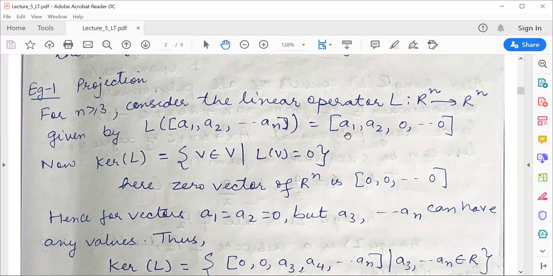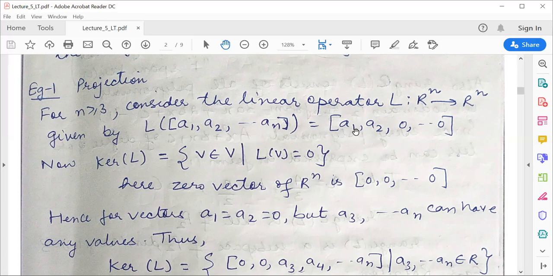When a few of the coordinates or all of the coordinates are going to 0, these types of linear transformations are known as projections. Now, if we need to find the kernel of this linear transformation, it will be all those elements of V which are mapping to the 0 vector. The 0 vector of R to the power n is 0, 0, 0, 0. Now, if you see how the linear transformation is defined here, the kernel will consist of all those elements of V which are going to a 0 vector.